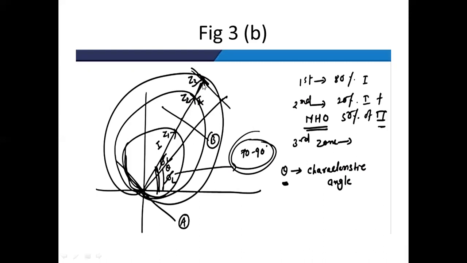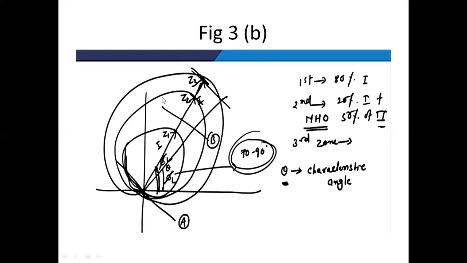And then the third zone of the distance relay covers the remaining 50% of the line. So basically this region is the region for the zone 3, Z3 value.